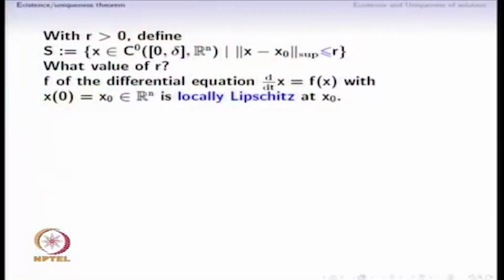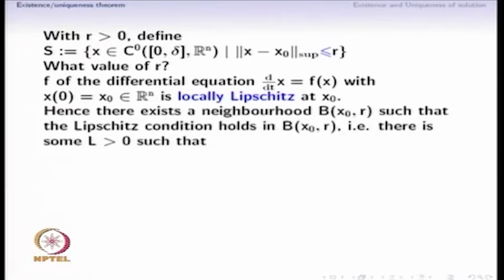How do we choose the value of r for this definition of S? In the differential equation d by dt x is equal to f of x, we are given that f is locally Lipschitz at the point x naught, where x at time t equal to 0 is equal to x naught. Because it is locally Lipschitz, there exists a neighborhood, the ball B centered at x naught and of radius equal to r.